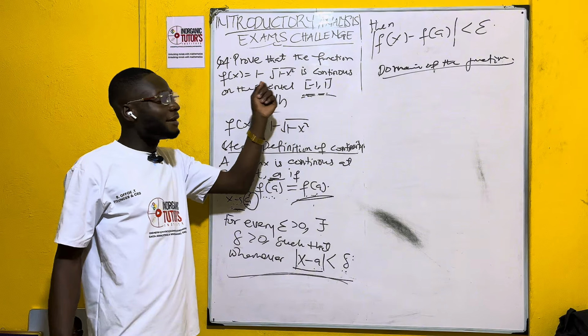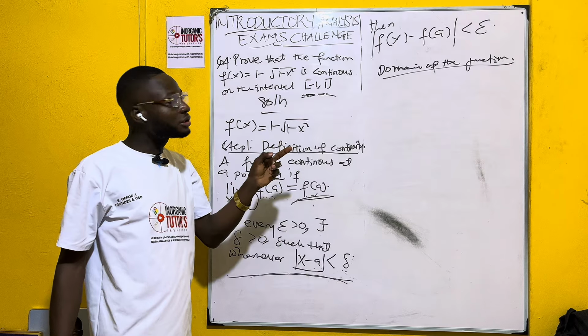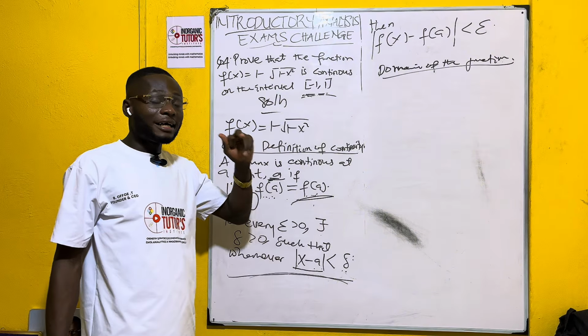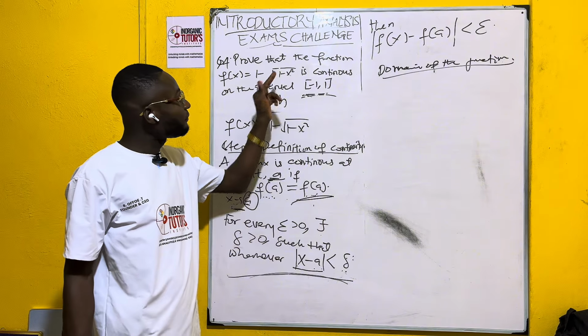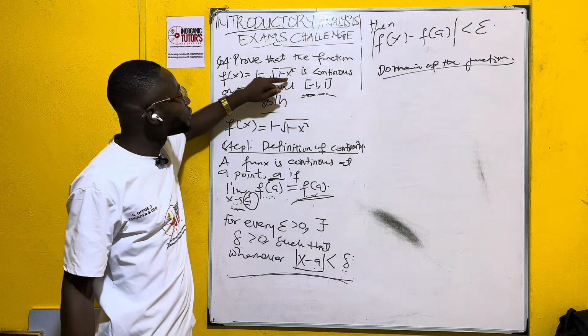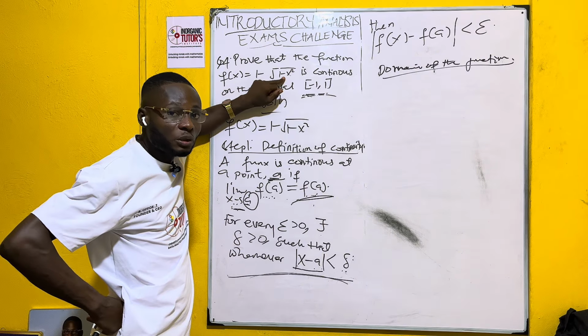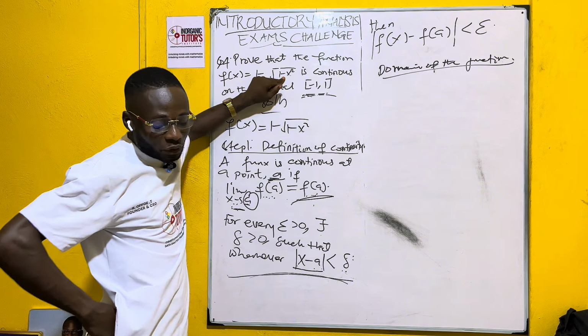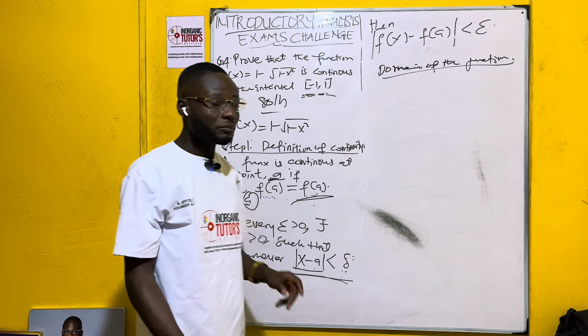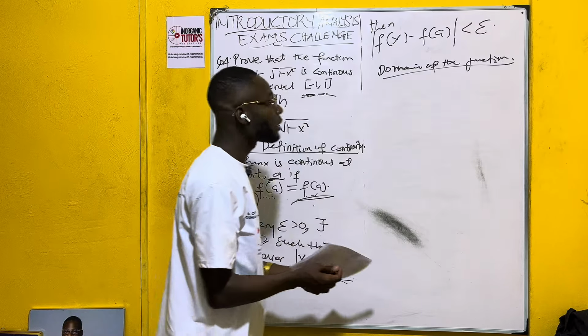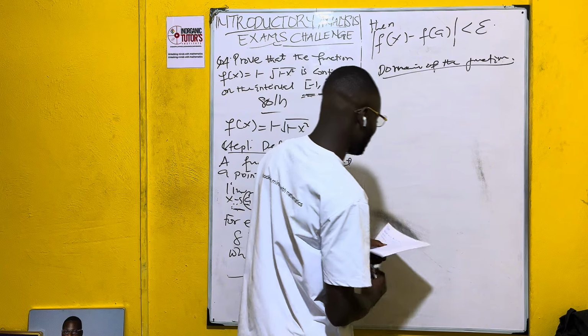Remember, if you want to find the domain of a function and the function is under the square root, then you have to make sure that any expression under the square root must be greater than or equal to 0.